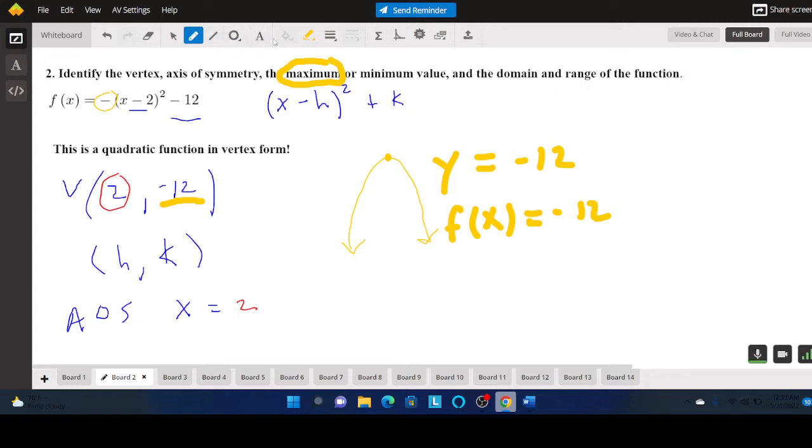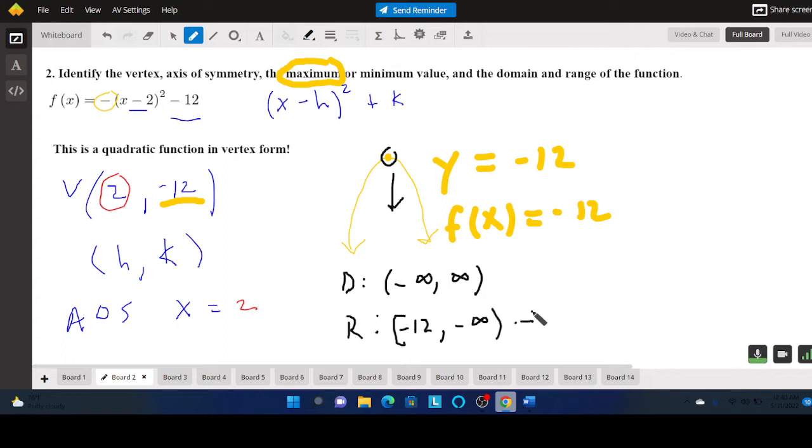Domain and range. Domain of a quadratic is all real numbers. Any real number can be used for x. And the range: the highest value of the function is negative 12, and we're going down to negative infinity, so including negative 12 with a bracket to negative infinity.